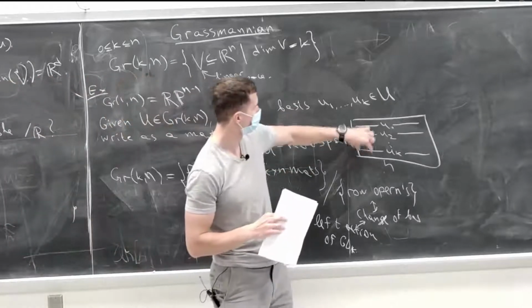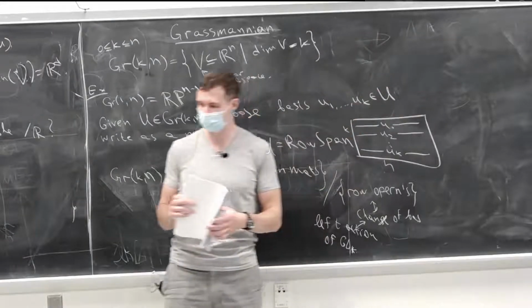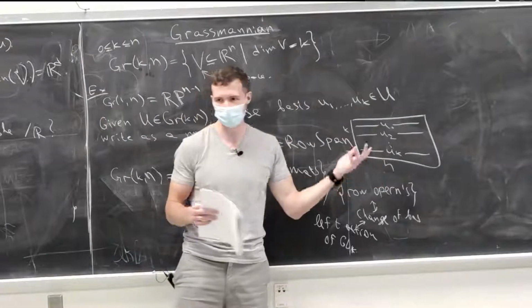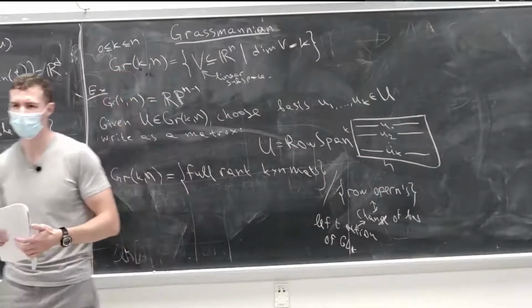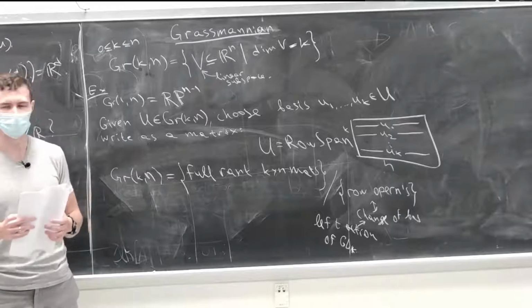Interesting, you want to take a matrix and then take the columns. But if I choose a different basis, I'm going to get different columns. It looks like it's not well defined, right?